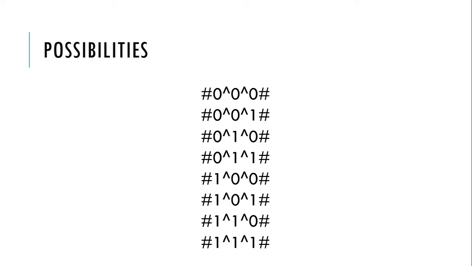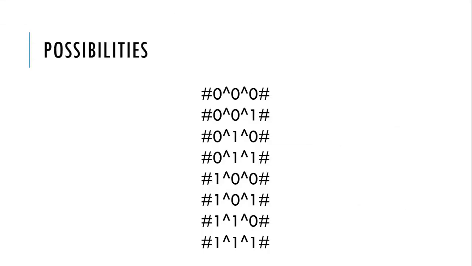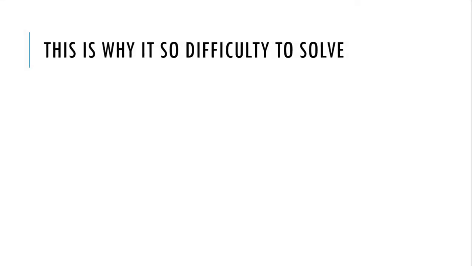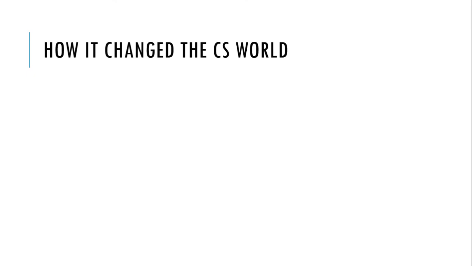So for now, when you have 3 variables, we'll have to go through 8 configurations. But now imagine you have 1,000 variables. Then the possibilities would be endless, and you would waste your whole life solving that. So in a way, that is why it's so difficult to solve an NP complete problem. So again, we just have to brute force everything.